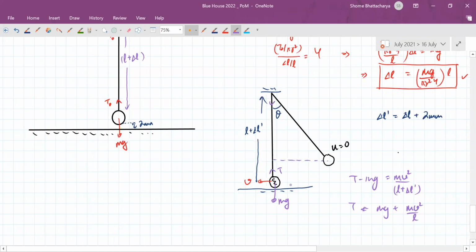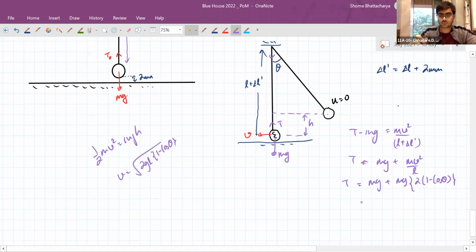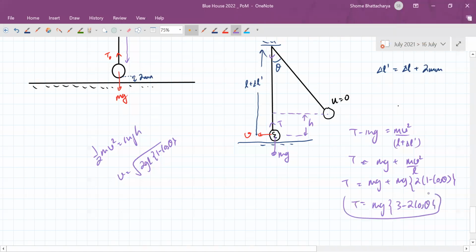And then using work energy, half mv square equals mgL(1 minus cos theta), so v is equal to square root of 2gL(1 minus cos theta). This is what the new tension has become.